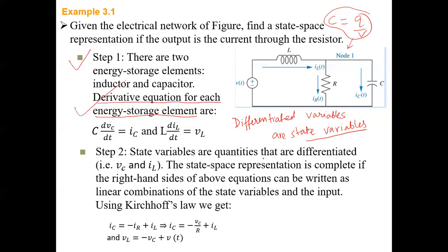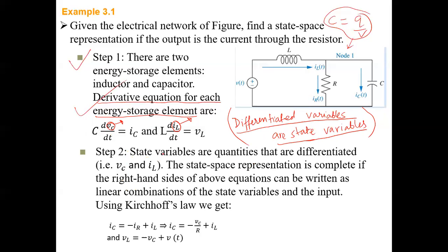Would it be VC and IL? Exactly. These are differentiated, right? Yes, these two are state variables. See how easy it is? Done. Keep this in mind: differentiated variables are state variables. Boom. It's that easy.